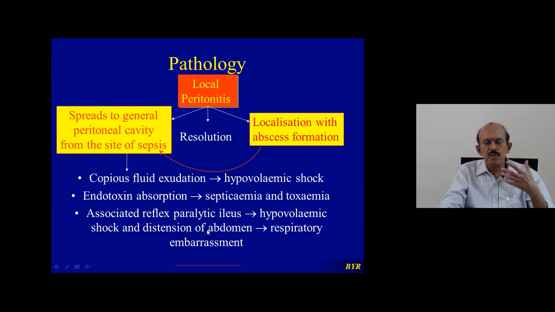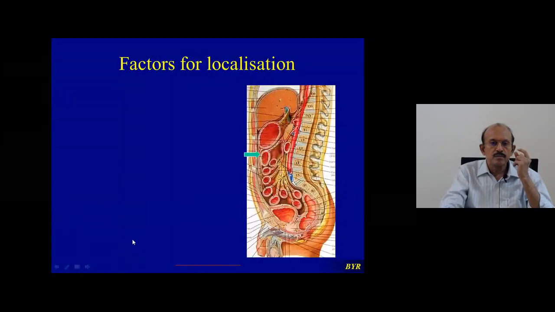This distension of the abdomen can cause splintage of the diaphragm. So there will be decreased respiratory movements, causing hypoxia and respiratory embarrassment. So whenever there is general peritonitis, these sequelae will take place.